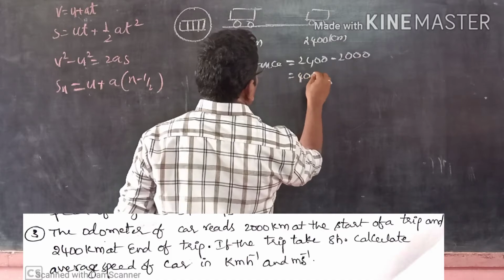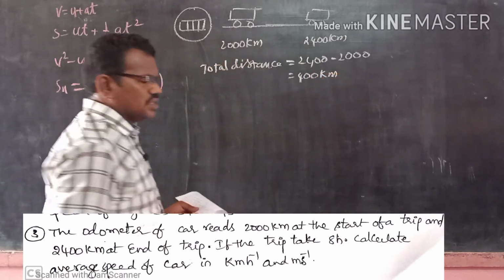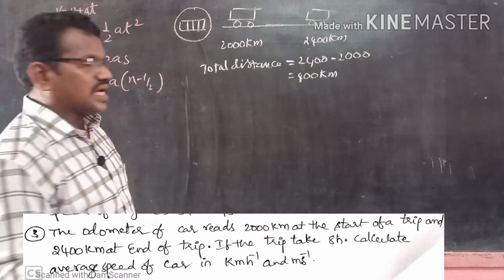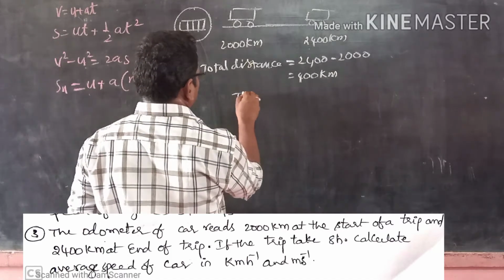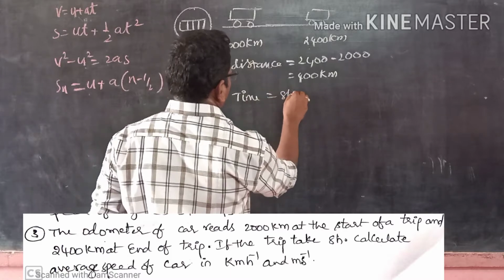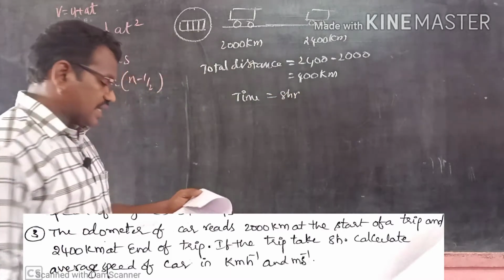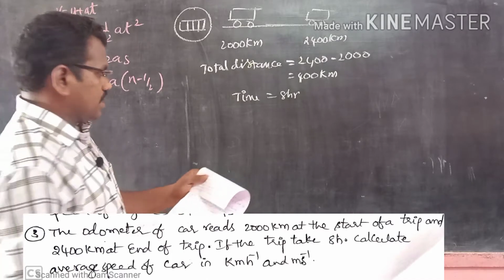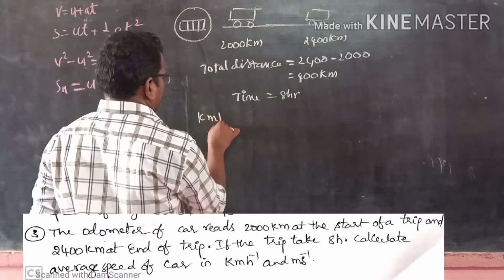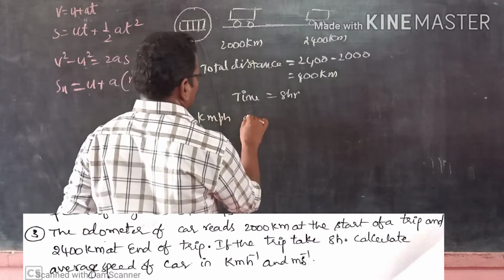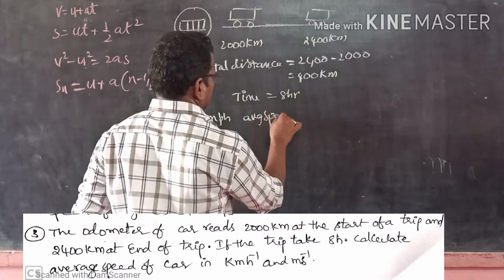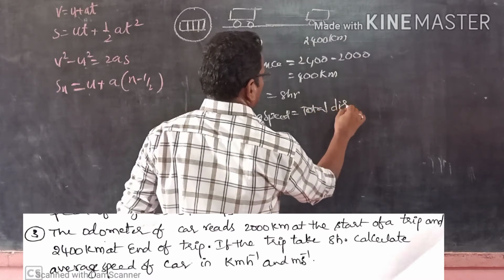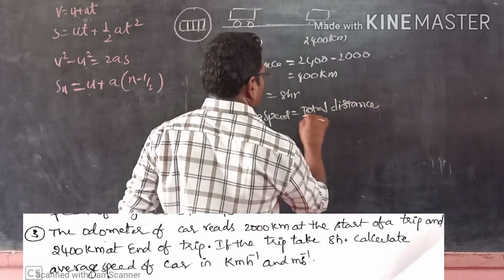So that is 400 kilometers distance traveled by the car in 8 hours. So the time taken is equal to 8 hours. Calculate the average speed of the car in kilometers per hour, kmph. So average speed is equal to total distance by total time.